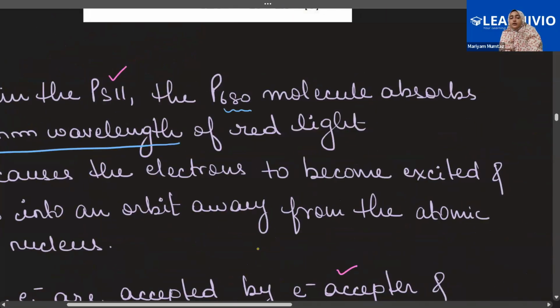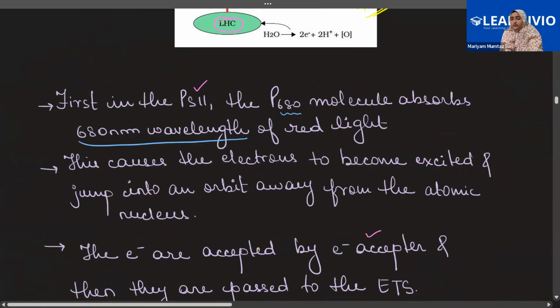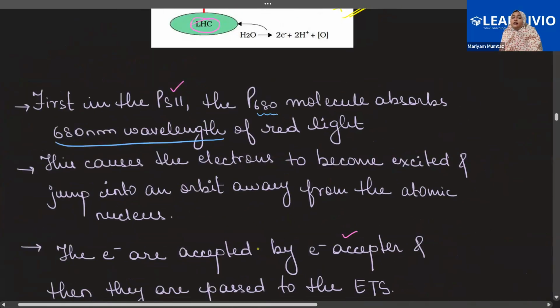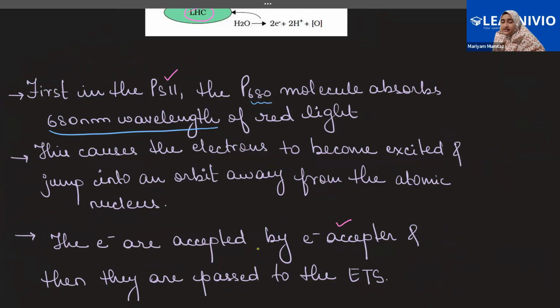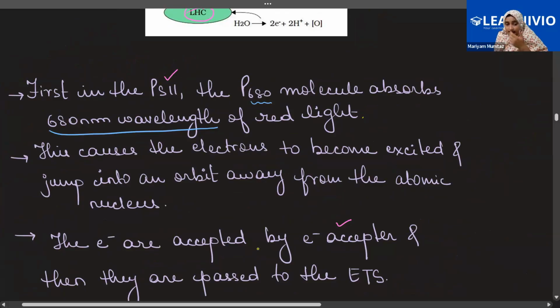Now, this is the theory of what I've just said. First in photosystem 2, the P680 molecule absorbs the 680 nanometer wavelength of red light. This causes the electrons to become very excited and they jump.